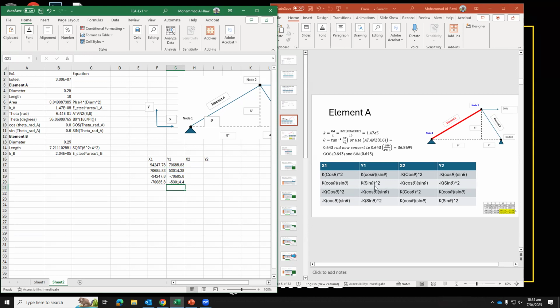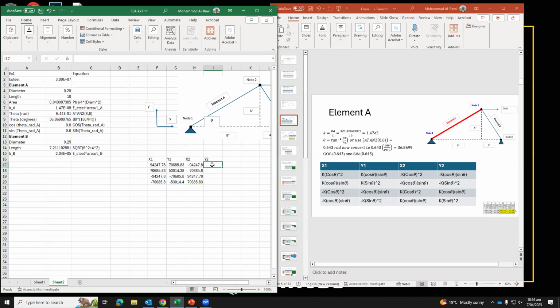If you look at k sine theta squared, here is negative sine theta squared. For x2, it's minus cosine theta. So I already found cosine theta, so it's this one squared times minus 1. And then you come to this one, minus cosine theta sine theta, so it is this one times minus 1. And then this is k cosine theta equals this one. And this one equals k cosine sine theta equals this cell.